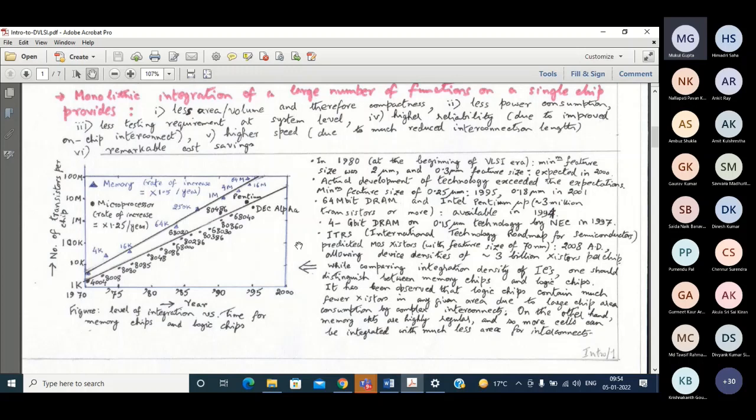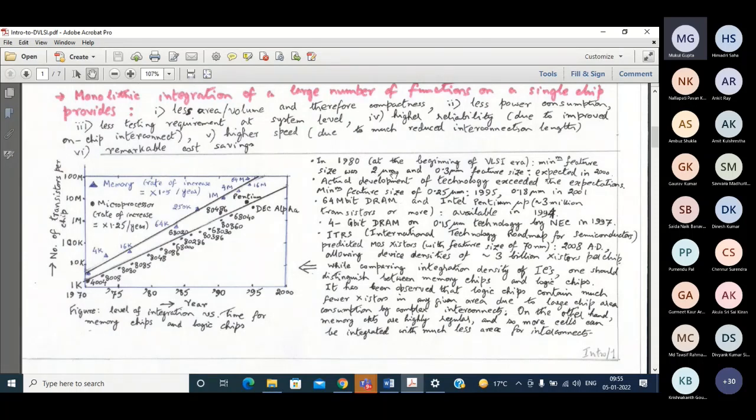But relentless progress took place in the domain of fabrication technology. So currently you are talking about 14 nanometer devices, or even lower than 7 nanometer. But it started in the 1980s. It was, as I remember, maybe 2.5 micrometers.